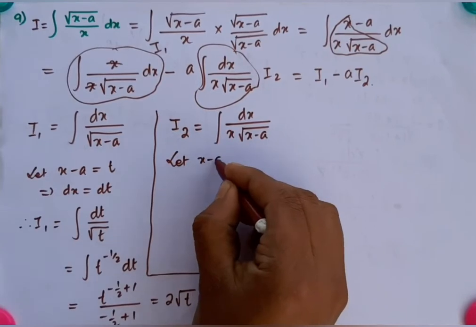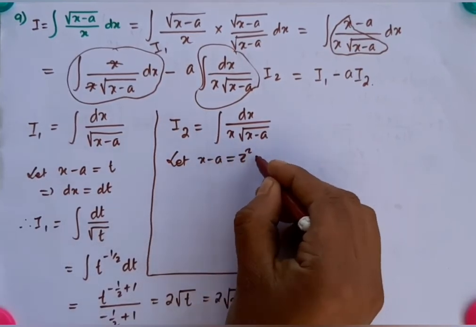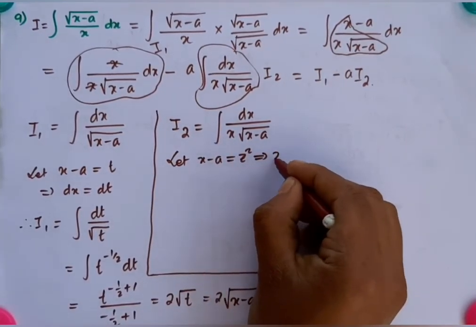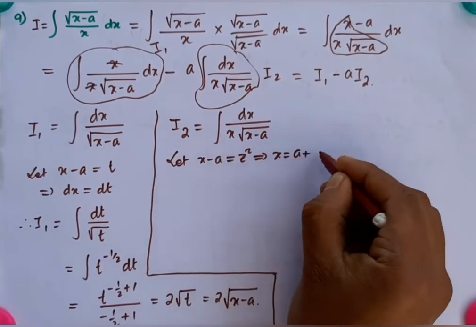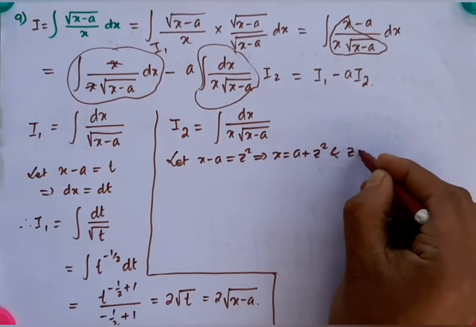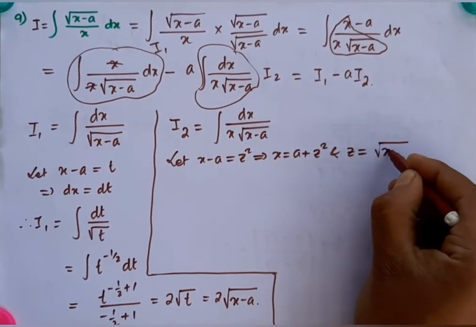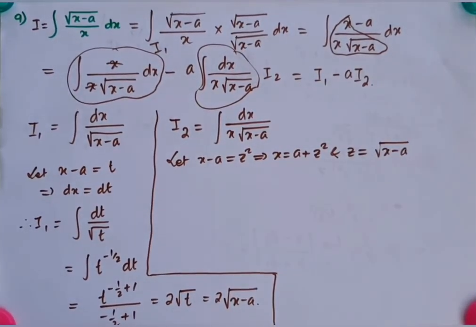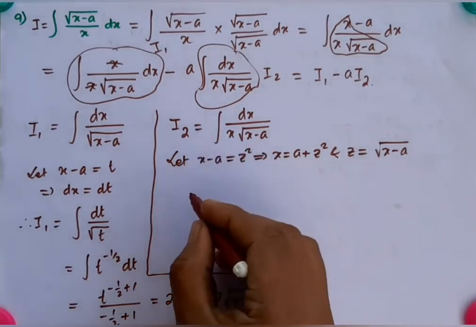So let x minus a be equal to z square. From here we have x equals a plus z square, and one more thing: z is square root of x minus a. Remember that.